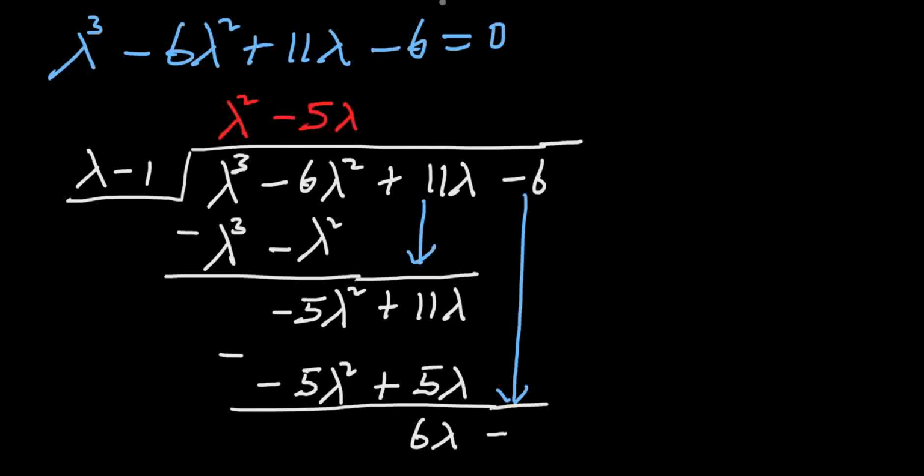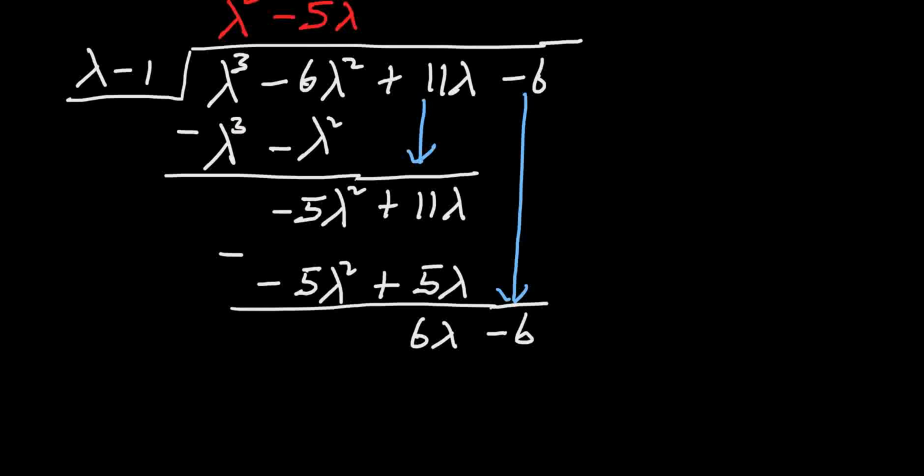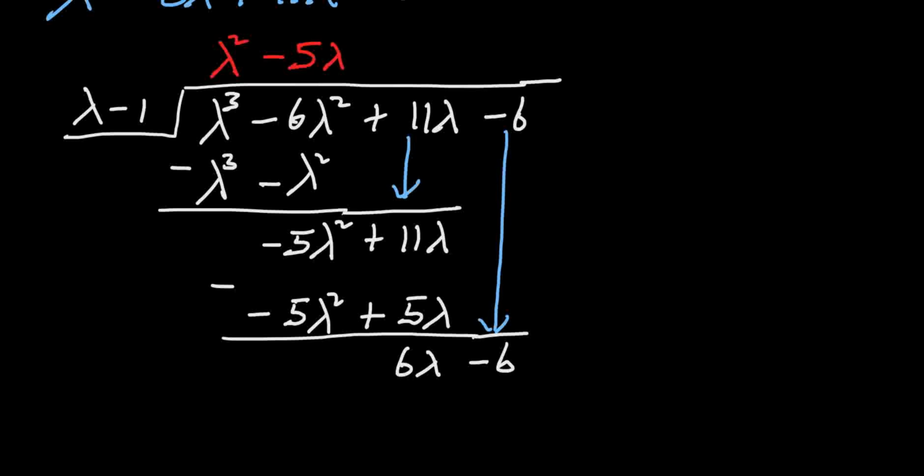So this will become negative 6. And again, we divide 6 lambda by lambda, and that will give us positive 6. So write it here.